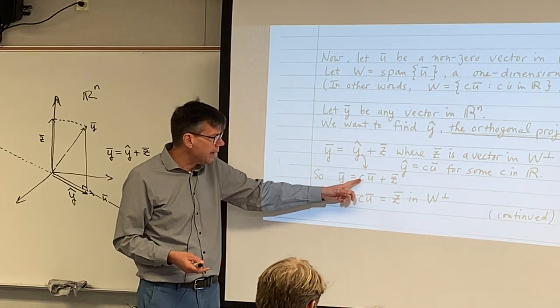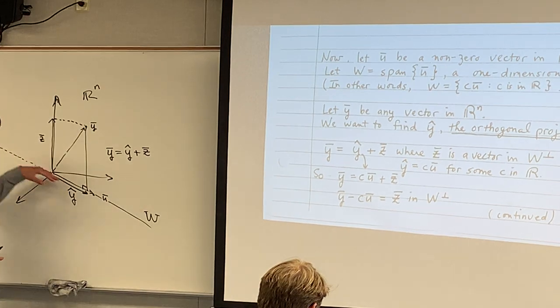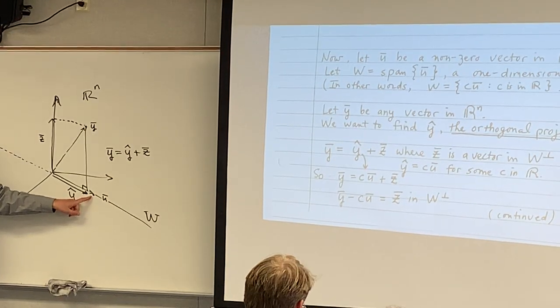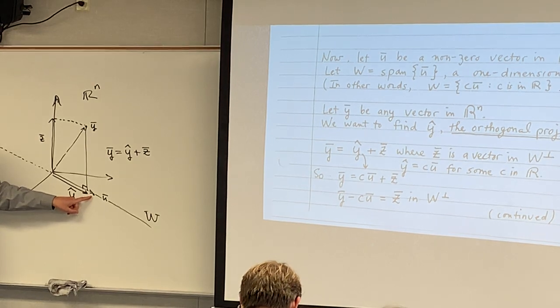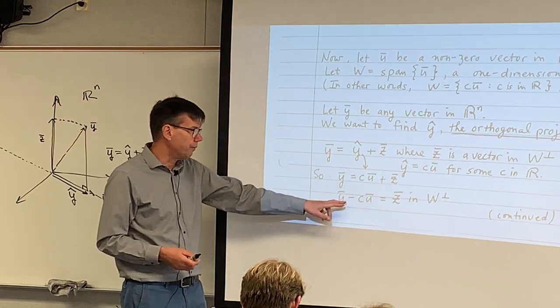So if we could do this, what would be true? Well, y hat is going to have the form cu, right? Because y hat sits in this one-dimensional subspace where u is a basis vector. It's all scalar multiples of u. So y hat has to be a scalar multiple of u.